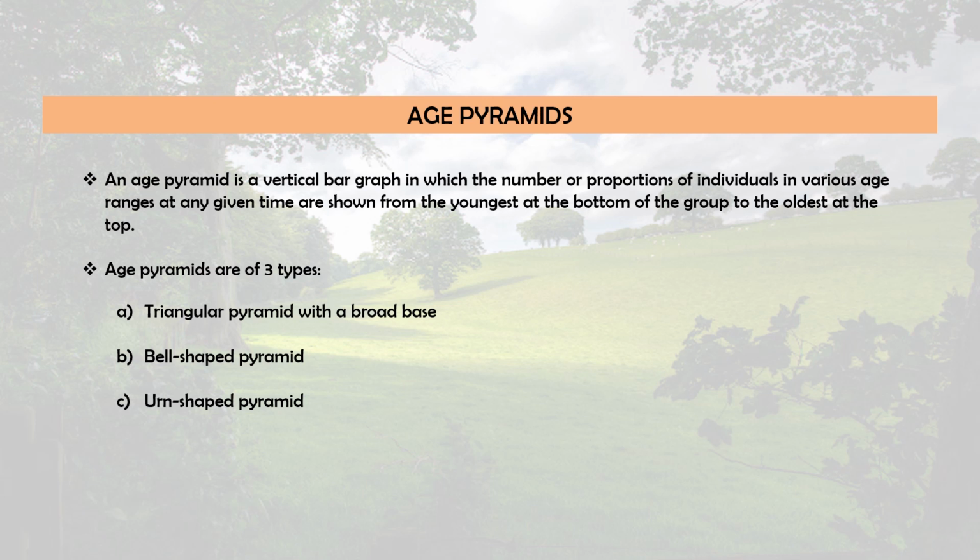And ecological or functional age, a population is said to have individuals belonging to three ecological ages like pre-reproductive, reproductive, and post-reproductive. Pre-reproductive individual group consists of individuals from age group 1 to 14, where they are reproductively inactive.